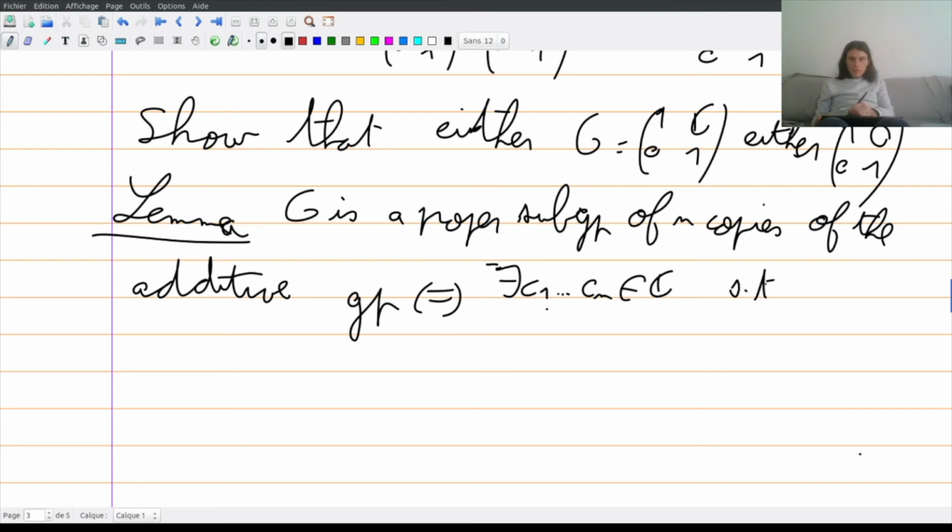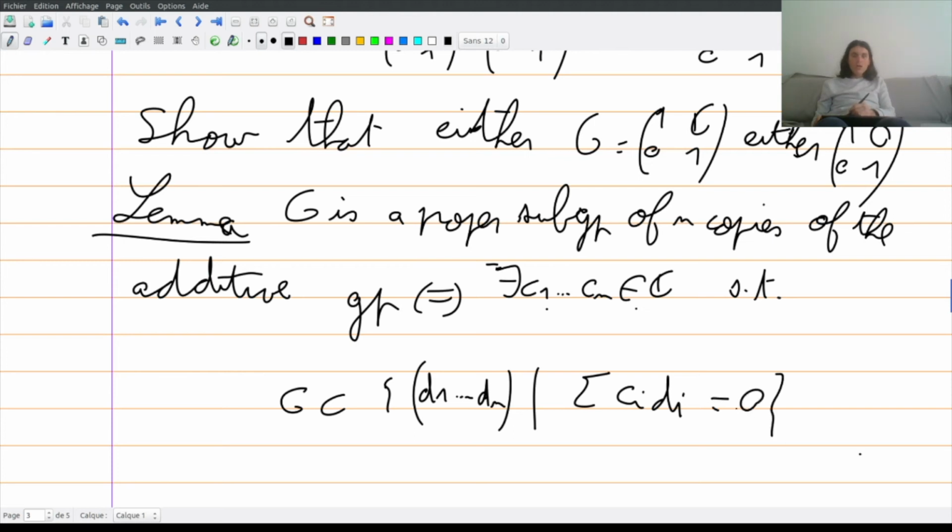Such that J is included in the subset of elements that vanish this vector. So it tells the structure of vector space. And the Ci are not zero.